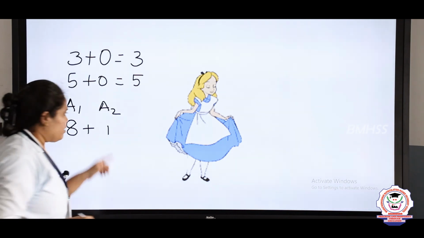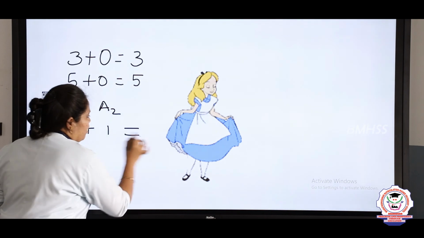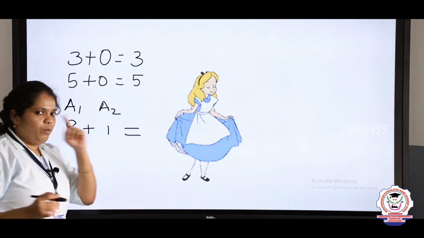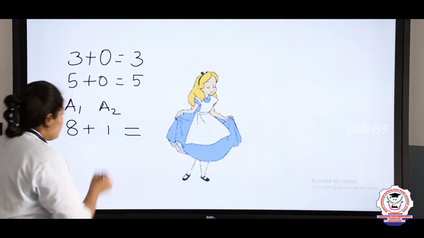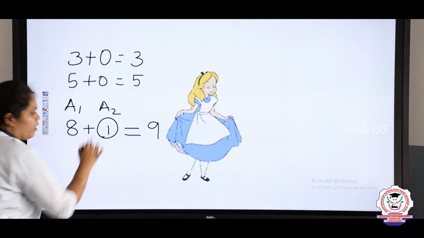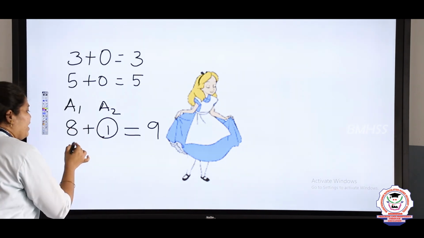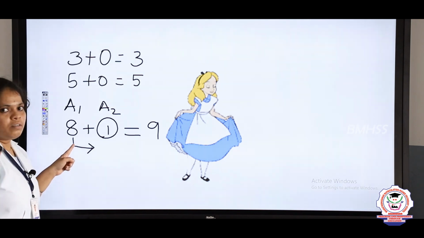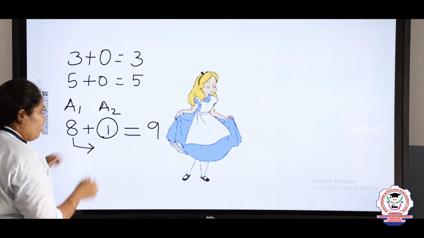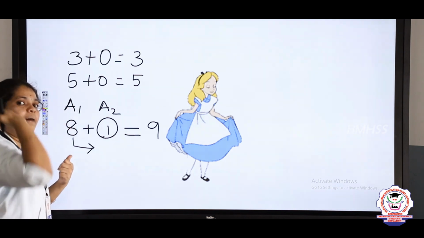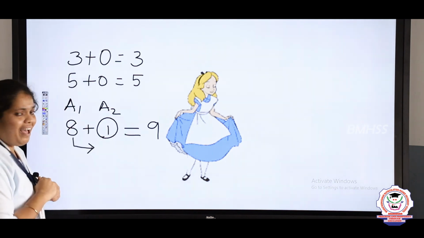What will be your answer or sum? 8 in the mind, 1 in the finger, 8, after 9. So if any number is added with 1, we get the succeeding number of that number, whatever number we give. That number's next number only we get as the answer.